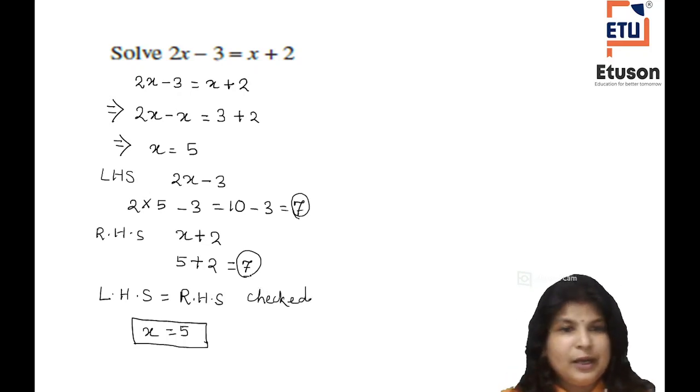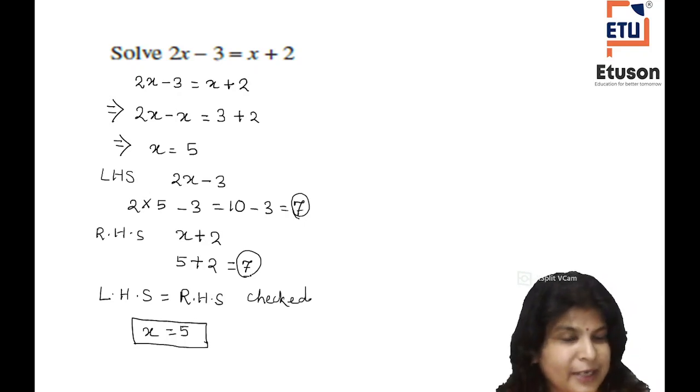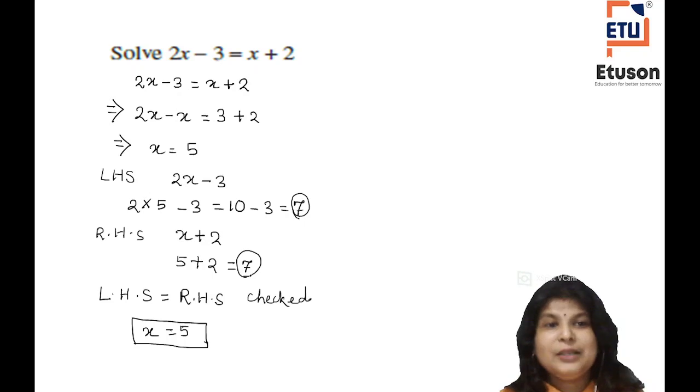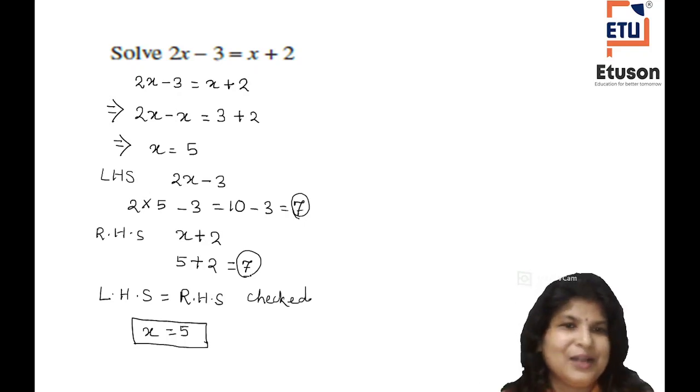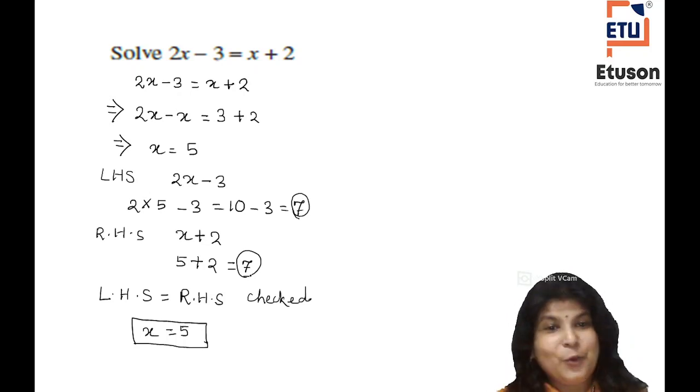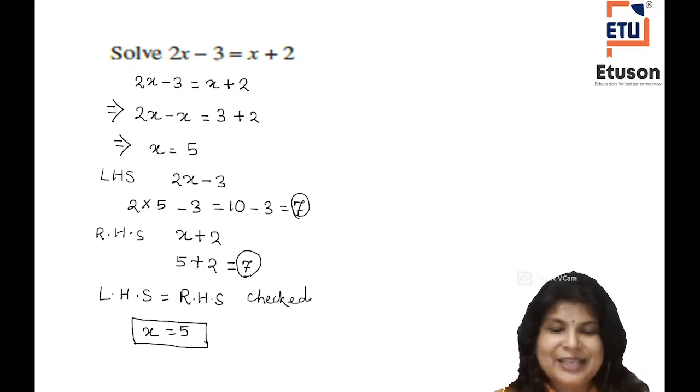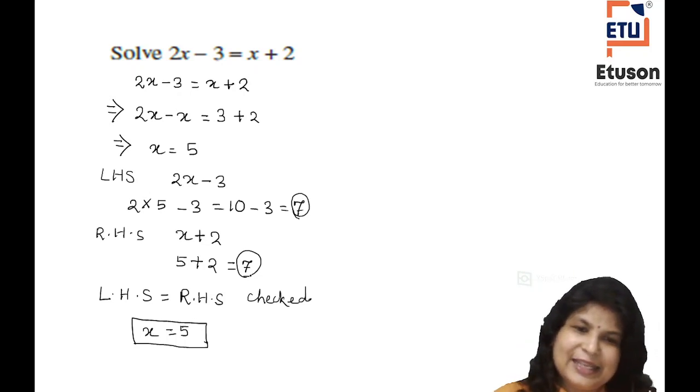Now with these two examples, I think you have got an idea how to solve equations if you have variables on both sides of the equation. So what next are we going to do? That is exercise 2.3 of your NCERT book.